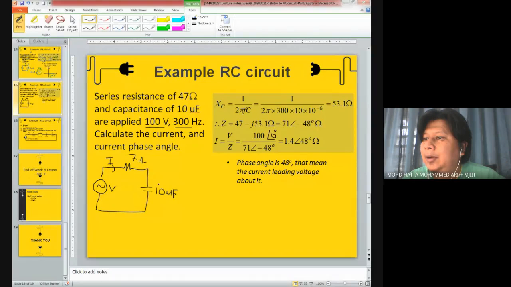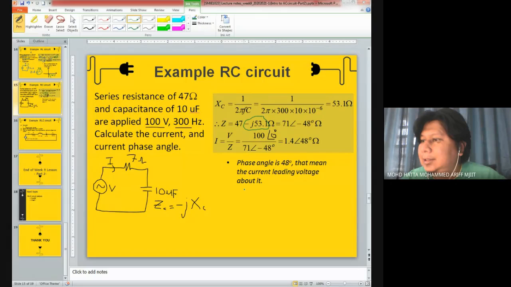You cannot combine these two unless you convert the capacitor into ZC. ZC over here is given by negative JXC, the imaginary part of your impedance.